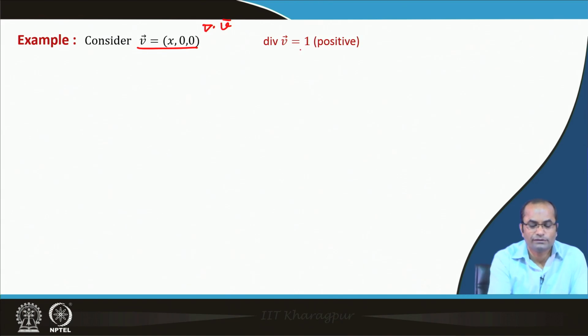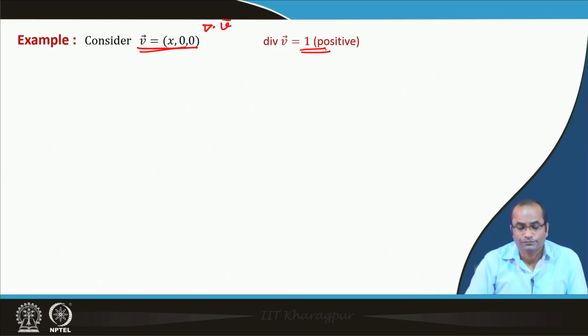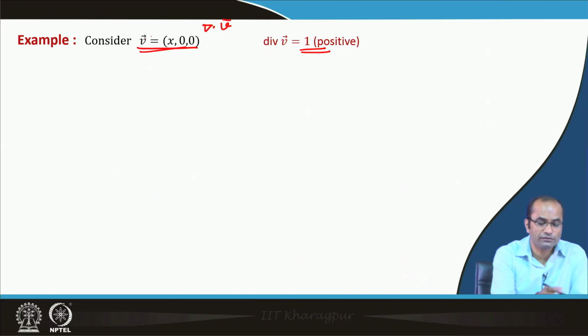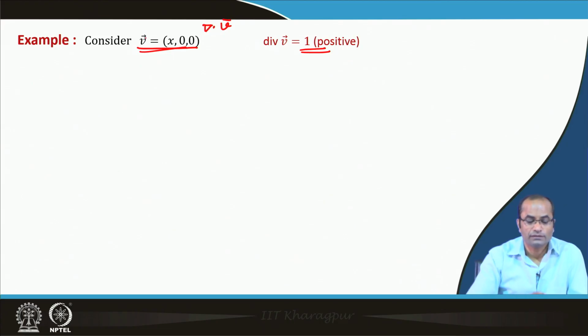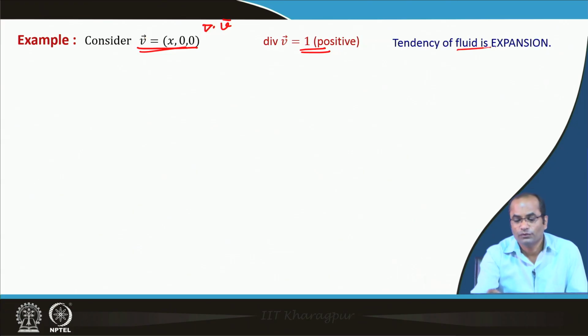So the divergence for this given vector field is 1, which is positive. That means the tendency of this vector field is for expansion. If we consider this as the velocity field of a fluid, then this signifies that the tendency of the fluid at that point is expansion.